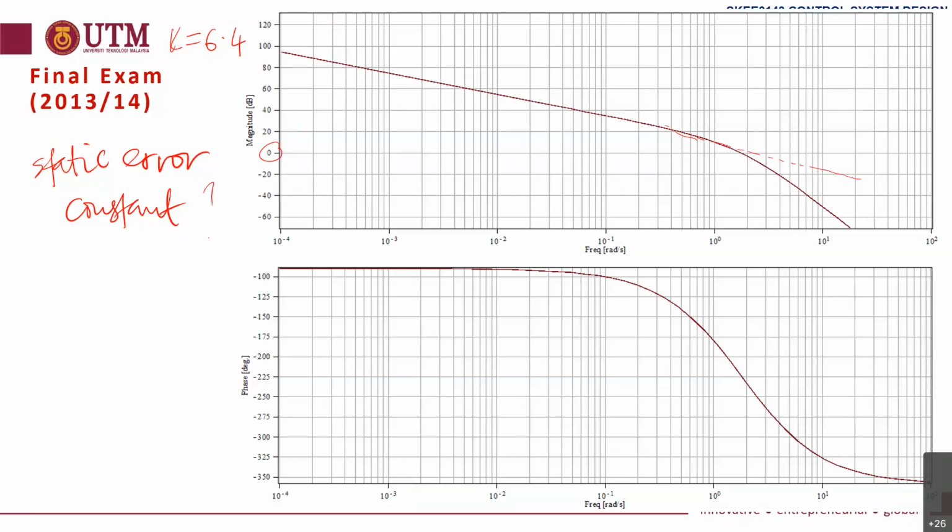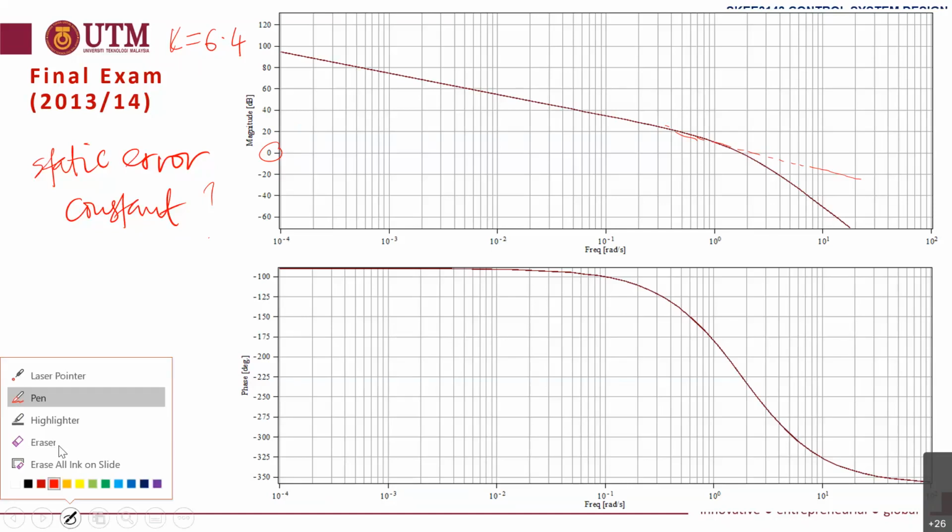Right, so if from my drawing here, I will redraw again.